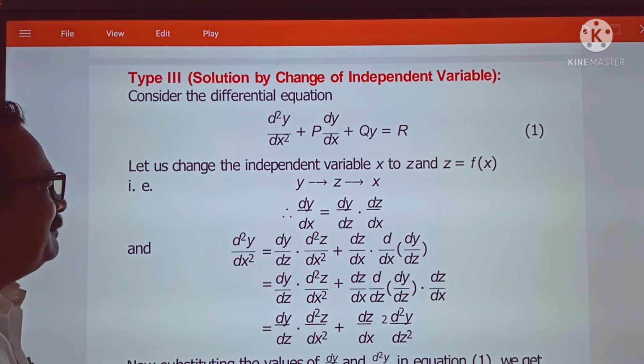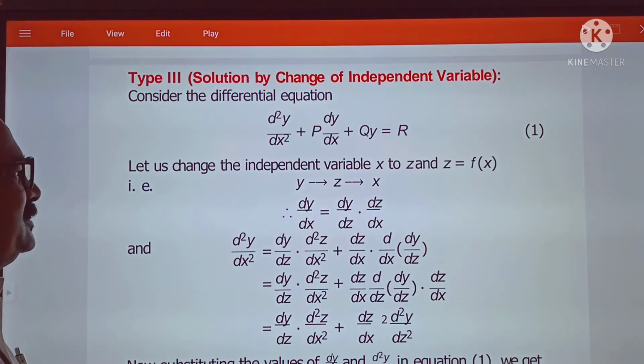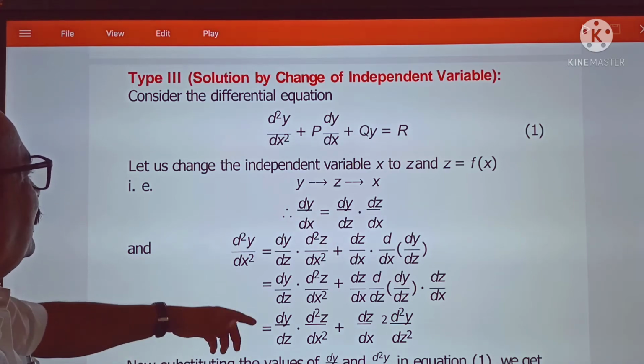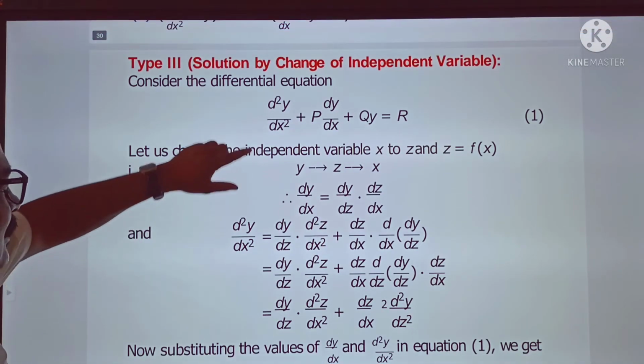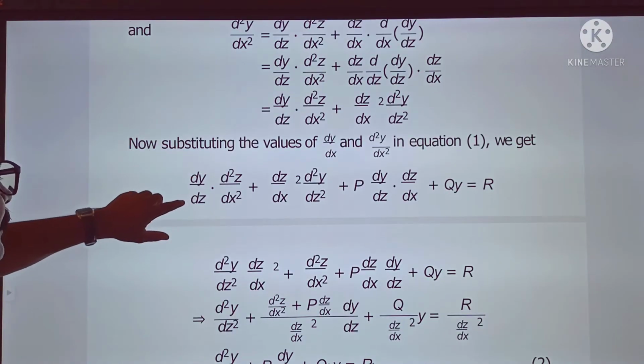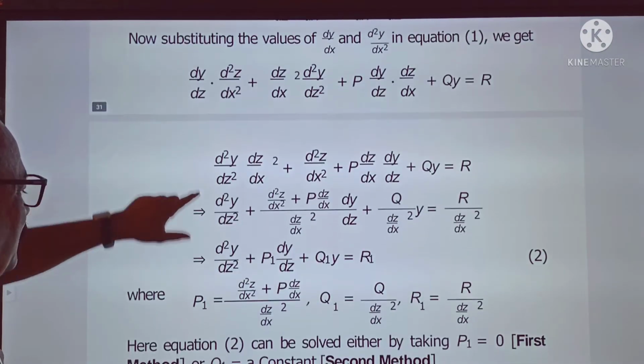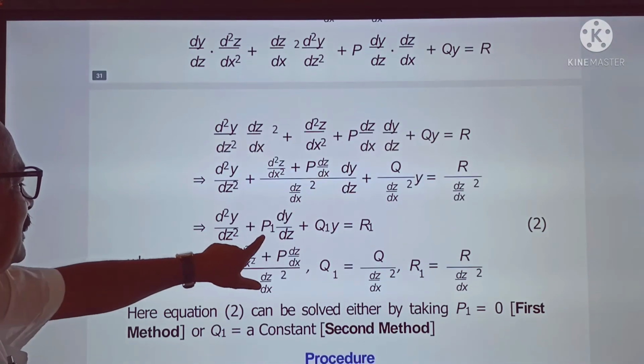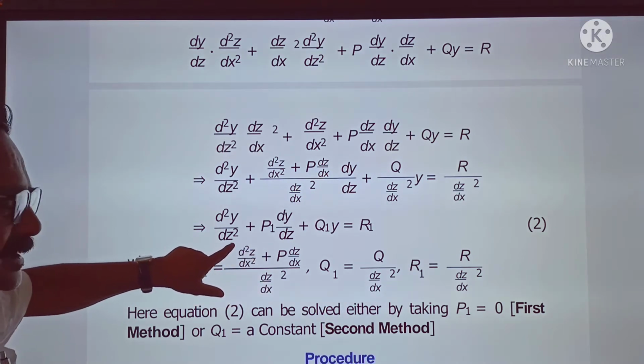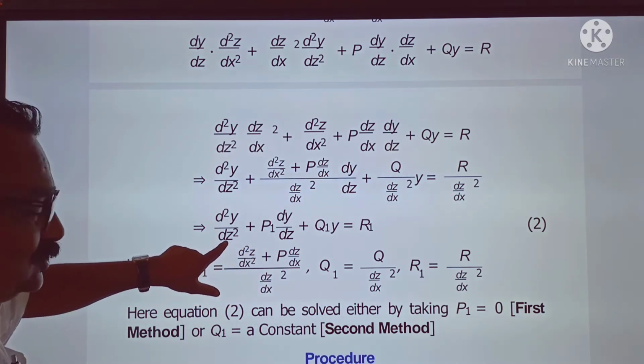Then the value of dy by dx is dy by dz into dz by dx. The value of d2y by dx square we have calculated here. And substituting these values in equation 1, it becomes as follows. Okay, that is d2y by dz square. See, now the independent variable x is changed to z.